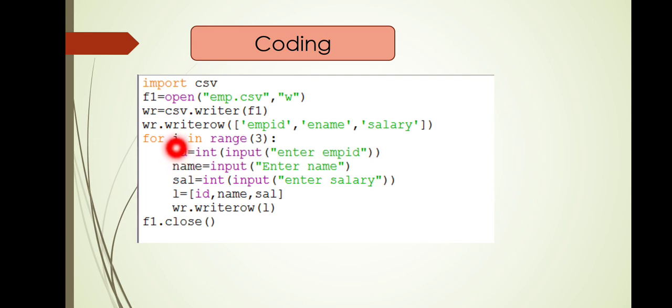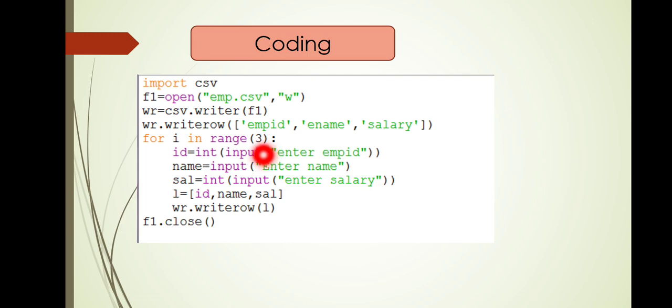Now I have written one row to the writer object, wr.writerow, and within the brackets I have provided a list of column names: emp id, ename, salary. The first line will be the header line of my CSV file. Then I have placed a loop that will go on for 3 times.